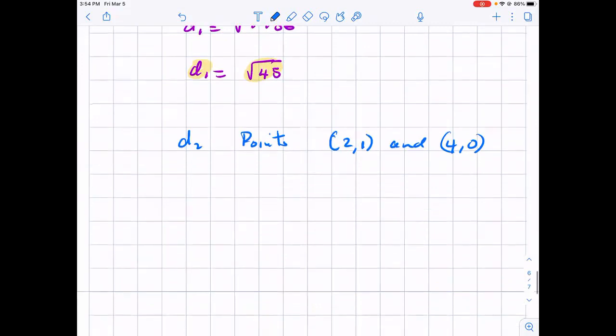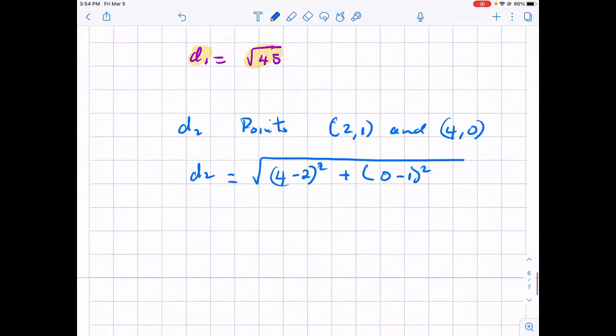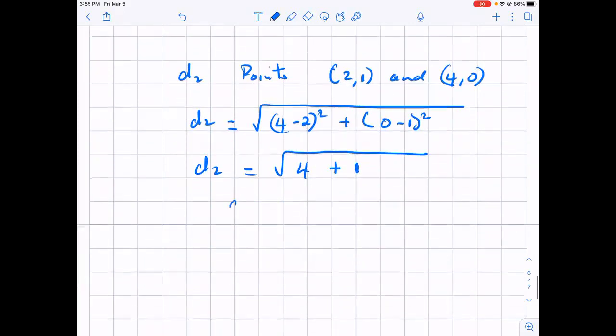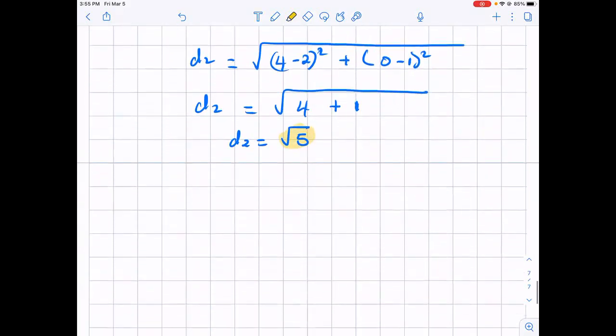So D2 is equal to the square root of 4 minus 2 squared plus 0 minus 1 squared. So D2 is equal to the square root of 2 squared, which is 4, plus minus 1 squared, which is 1. So here we have D2 is equal to the square root of 5. So this is the length of D2.